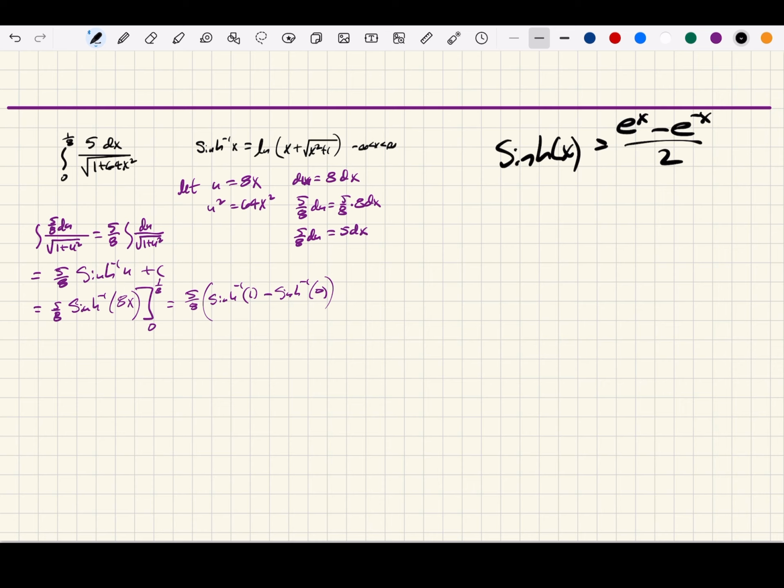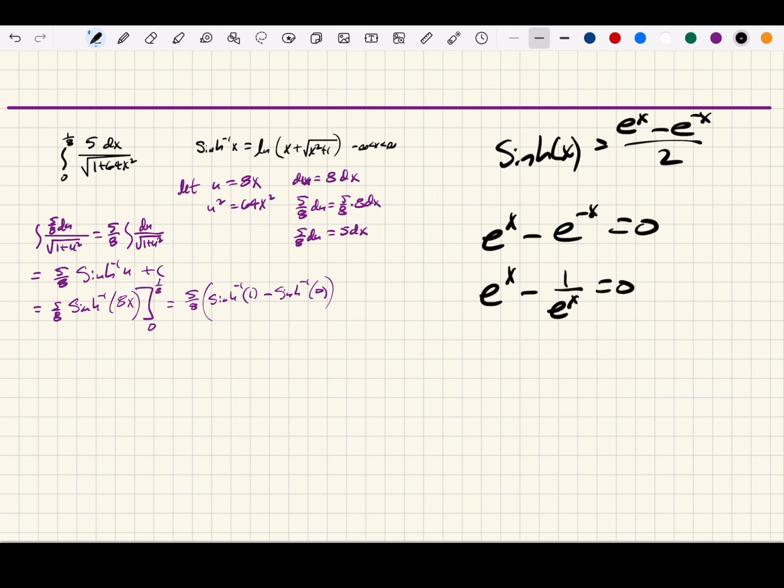So the question is, under what circumstances would I get 0 for this thing? Well, only if the top is 0. So e to the x minus e to the minus x would have to be equal to 0. And this is basically e to the x minus 1 over e to the x equal to 0.